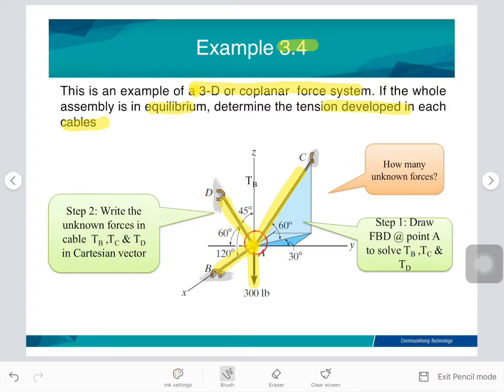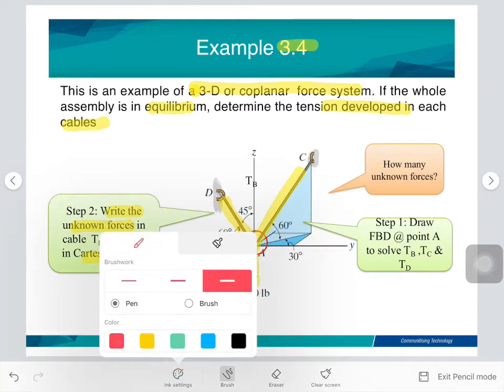Here you must remember, we are in 3D. When we are in 3D, we need to write the unknown forces in the cables in Cartesian vector, because in 3D it is easier to resolve into i, j and k.